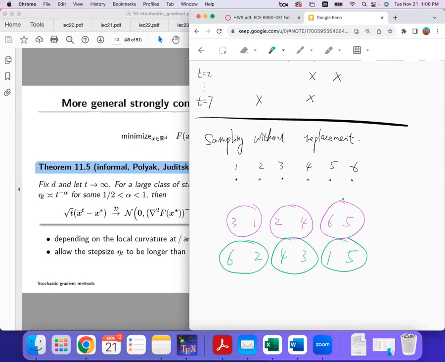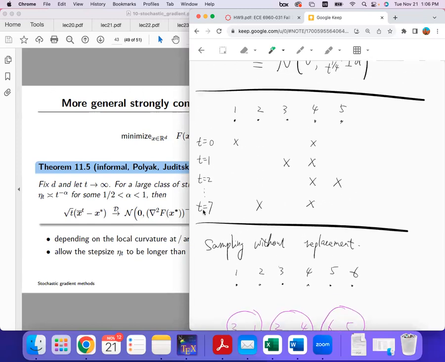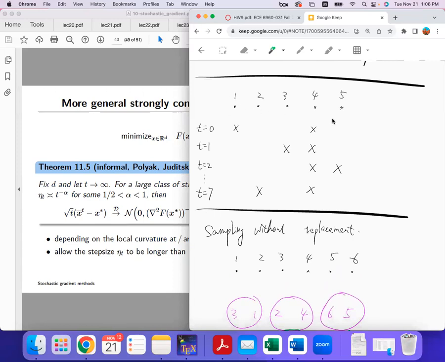So this sampling usually provides better performance because it will use every data point exactly once. So it will never happen that a single data point is sampled more frequently than the others.